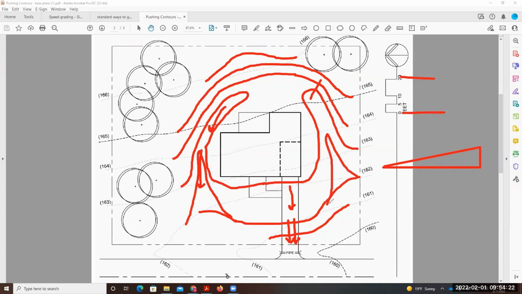So again, this is one of the reasons we didn't just teach you pushing contours first, because it'd be very easy to overlook that swale is not steep enough until we pull that contour back up in there.